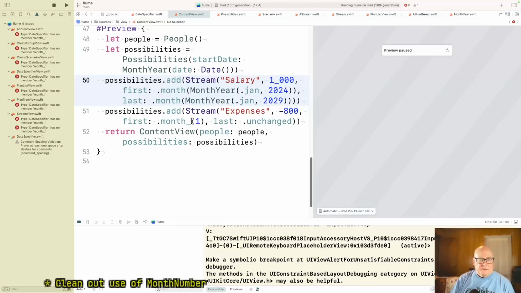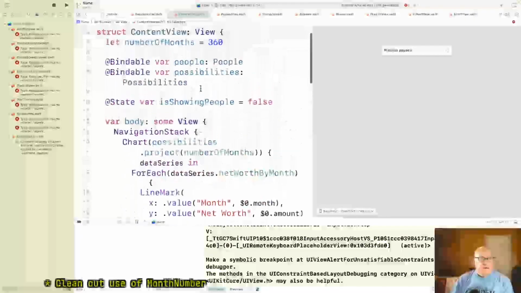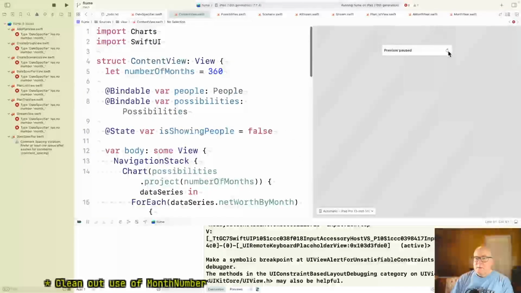Okay. And this is the same one. Okay, so this preview should work.